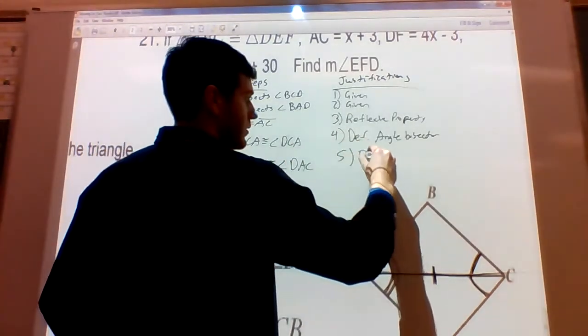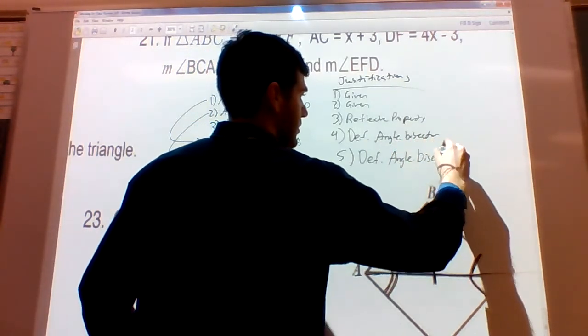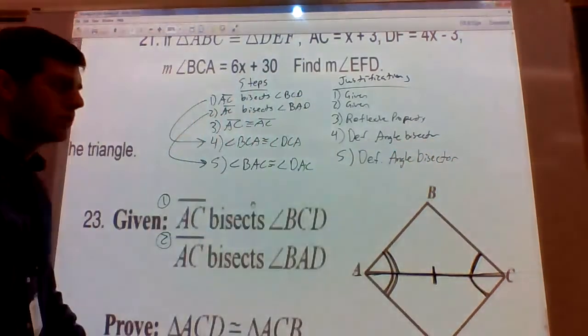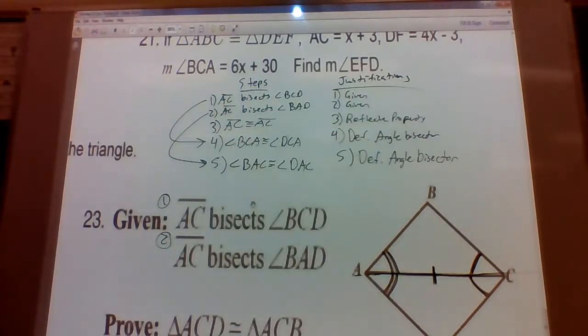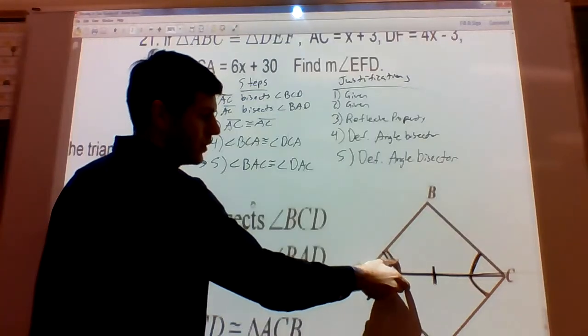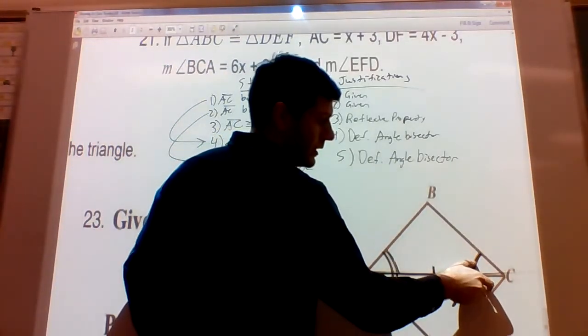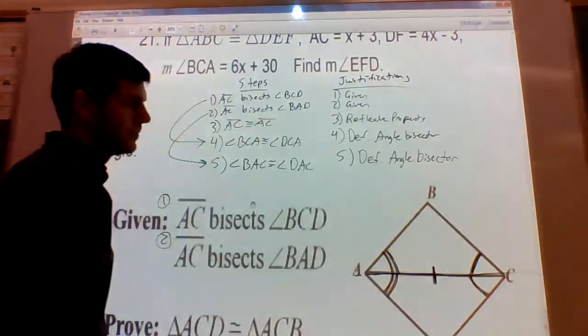That's again the definition of an angle bisector, right? An angle bisector is a bisector that splits an angle in half. So we're splitting angle BAD in half to get these two angles congruent, right? It bisects BCD, so it splits BCD in half to get these two angles congruent.